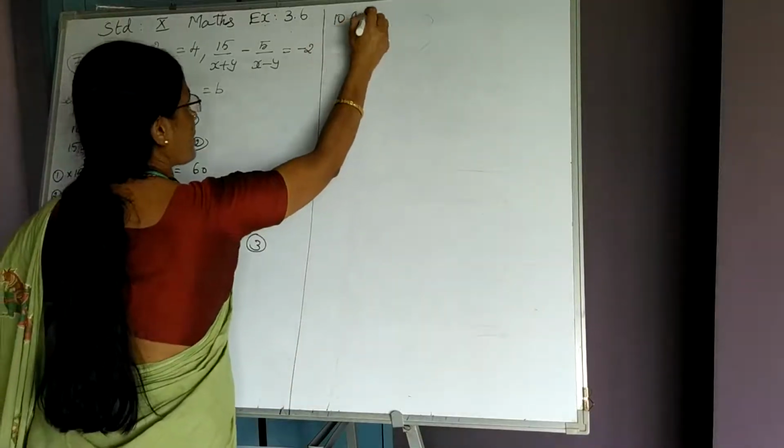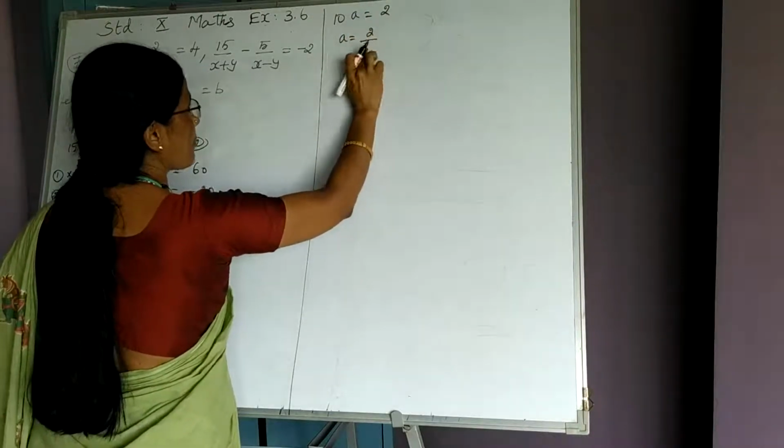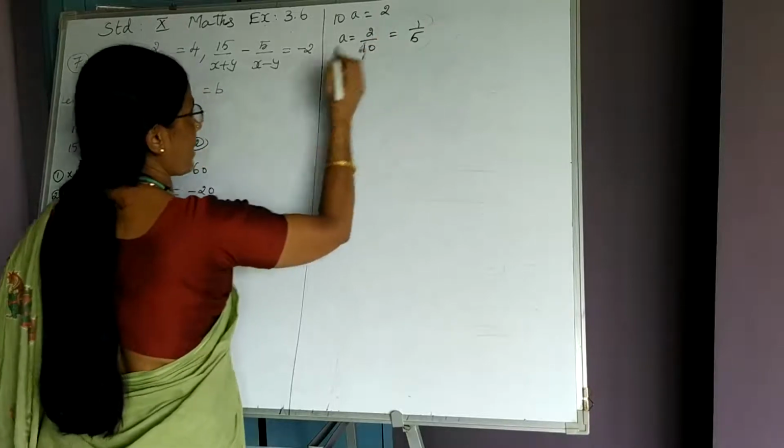So 10a is equal to 2. a is equal to 2 upon 10, which is equal to 1 upon 5.